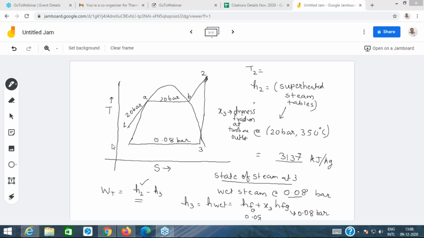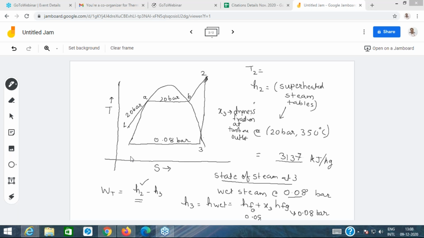Okay, Sharwari. If you look at the steam tables, you'll find that the value of Hf is 173.9 and the value of Hfg is 2403.1. Okay, so let us write down these values.